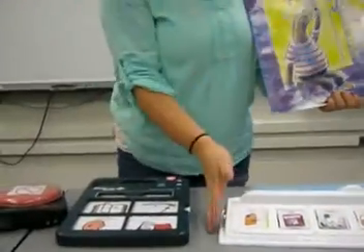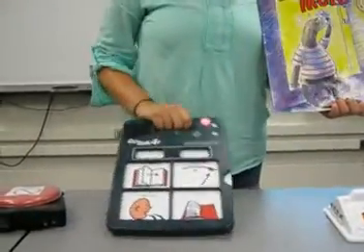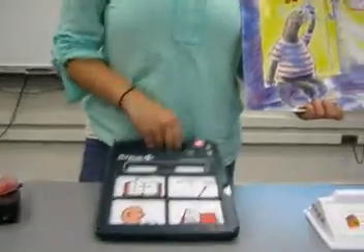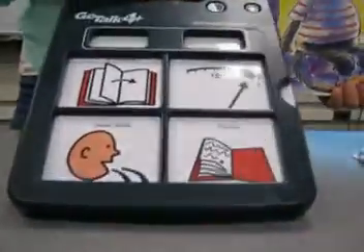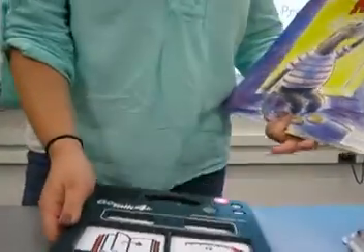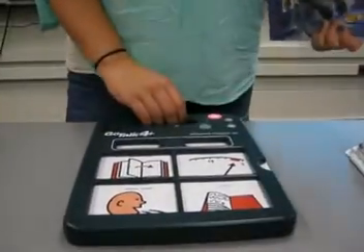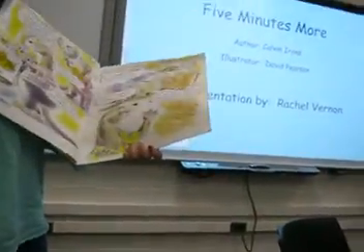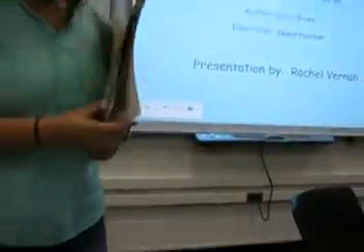Secondly, when reading the book, I made this overlay using Boardmaker on the GoTalk for each student. One says "Turn the page," so students can interact as we're reading, and they will let me know when it's time to go on.